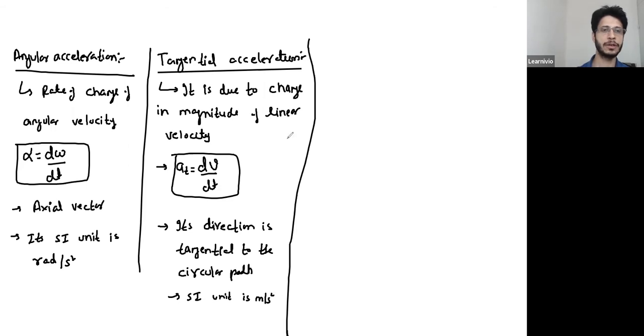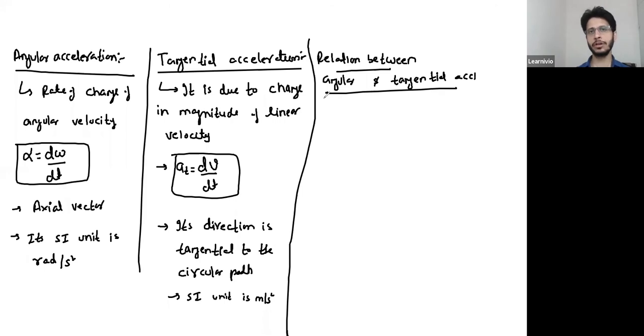Next, you can connect angular and tangential acceleration. You know the relation between linear velocity and angular velocity: v equals omega into r.